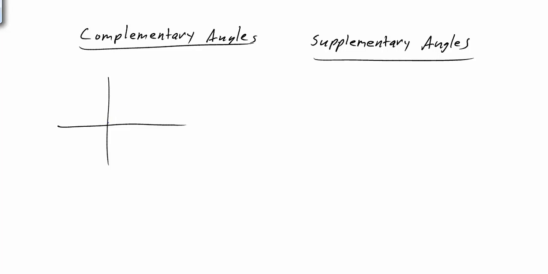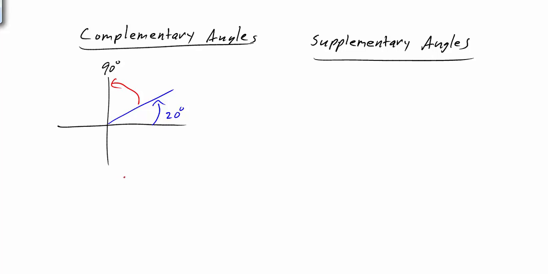So for example, here, if we have this angle, we'll say this is 20 degrees. And if I want to know the complement of the 20-degree angle, then all I'm going to have to do is, we know that if two complementary angles add up to 90 degrees, then the complement would be this piece here.